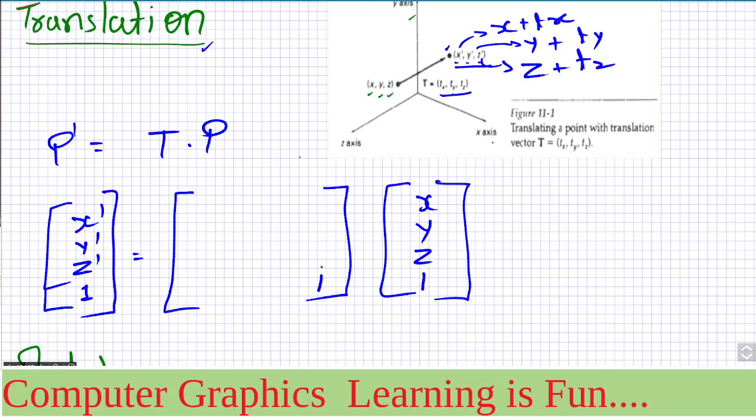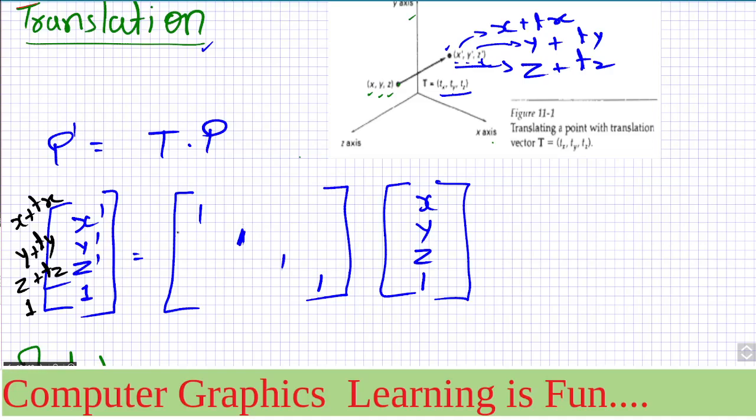Since it is a translation, how do we write a translation matrix? Anybody, can you remember anything? What should be the value here? We are expecting in x dash, x plus tx, in y dash, y plus ty, in z dash, z plus tz, and 1 will remain 1.